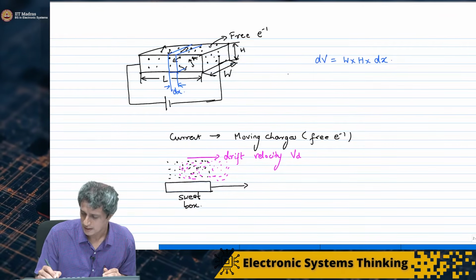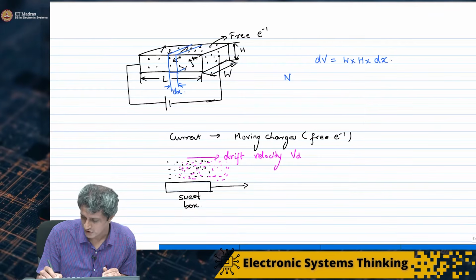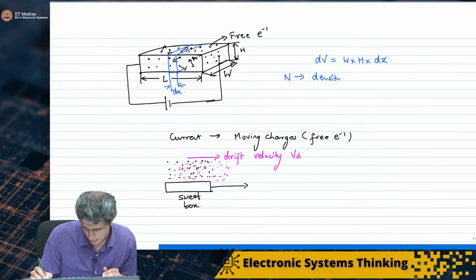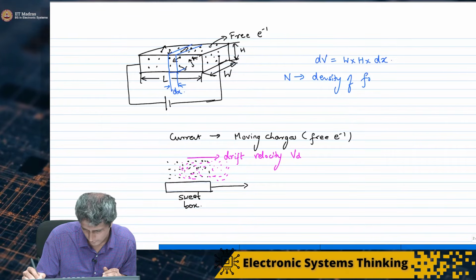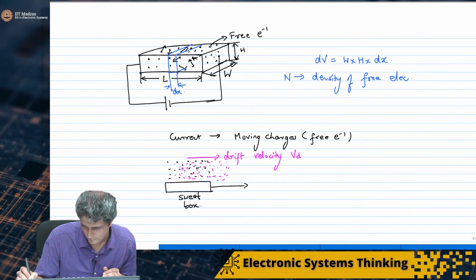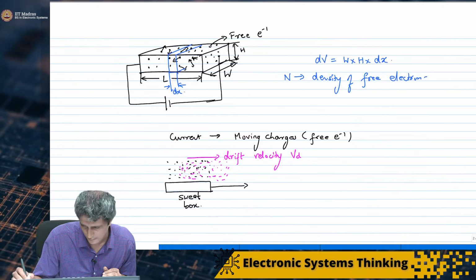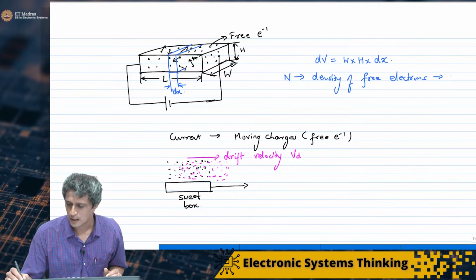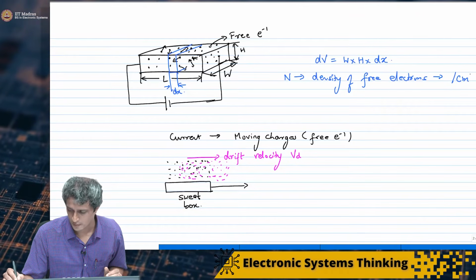So let's assume that the density of free electrons is n. Density of free electrons, okay, so this is going to be measured in per centimeter cubed.